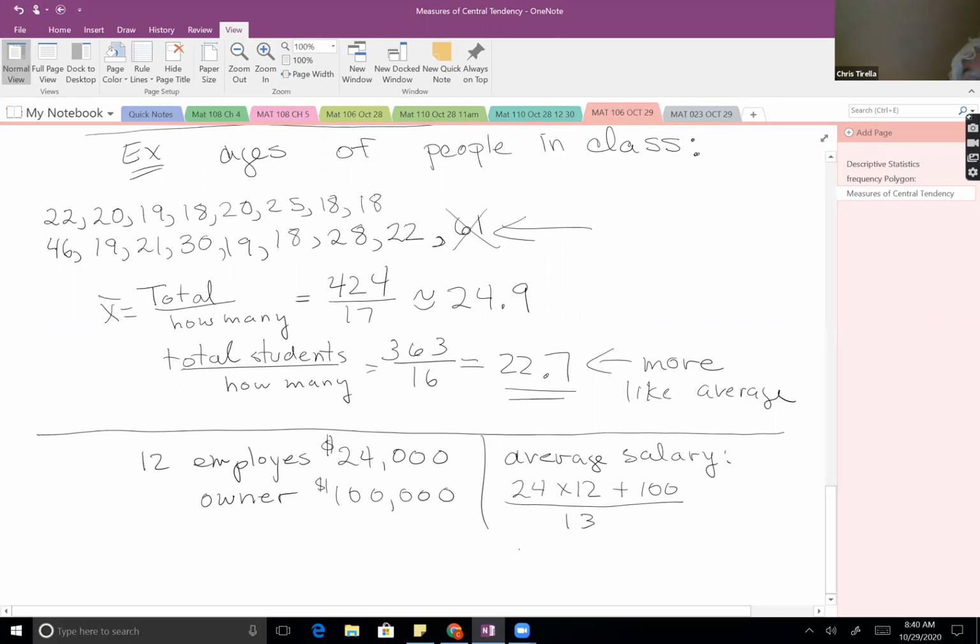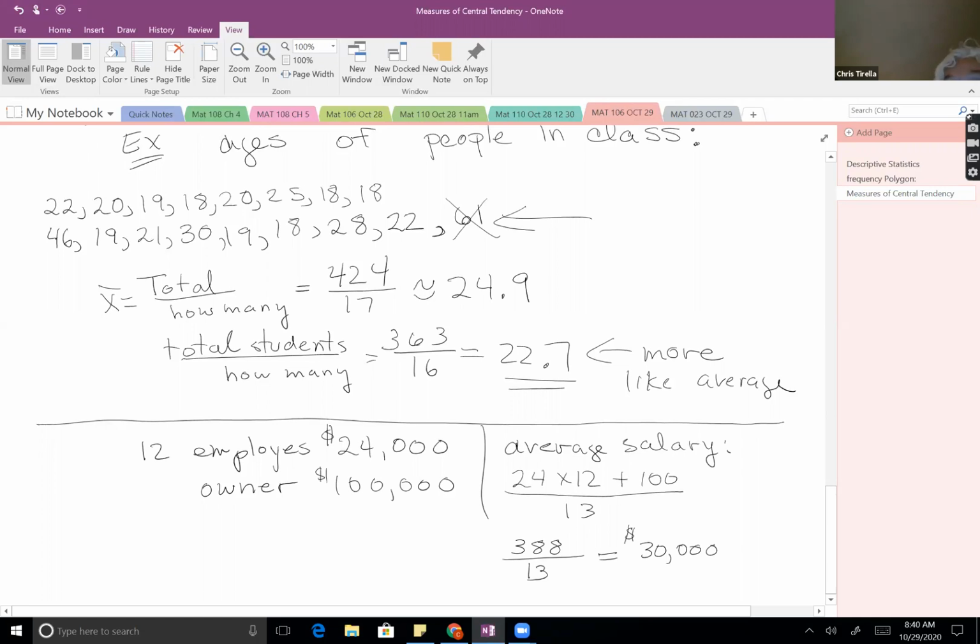Which is 388,000 divided by 13. And so, oh Lord, it would help if I pressed the buttons. That makes it look like the average salary would round to about $30,000.